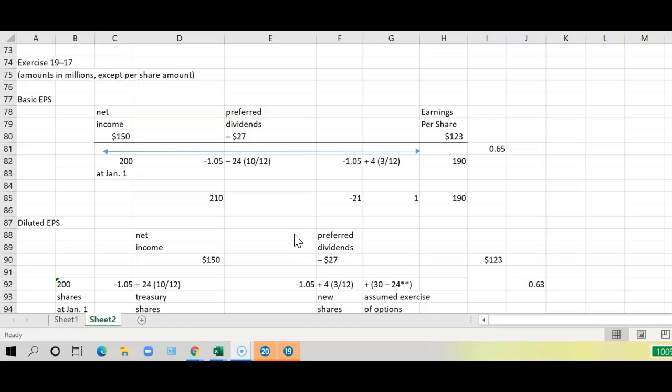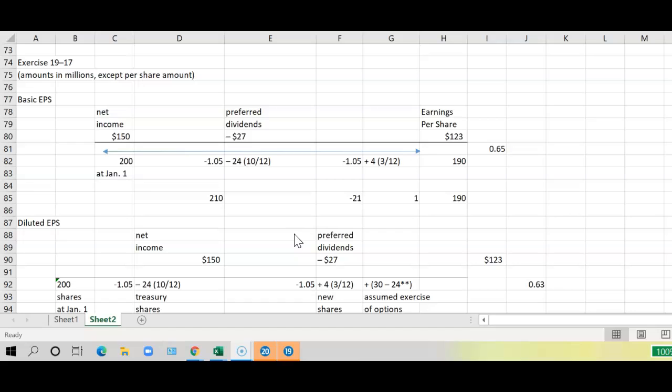The only time we would use diluted earnings per share would be after we considered the potential shares outstanding. If the diluted earnings per share was less than the basic earnings per share, we would not show that on the financial statements.